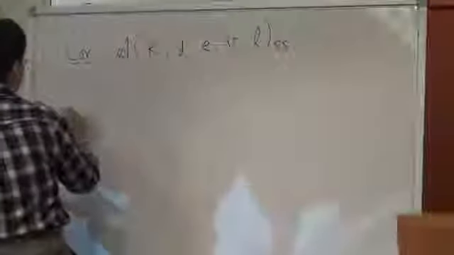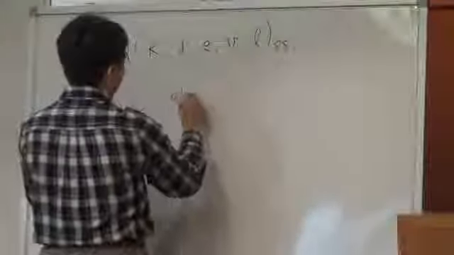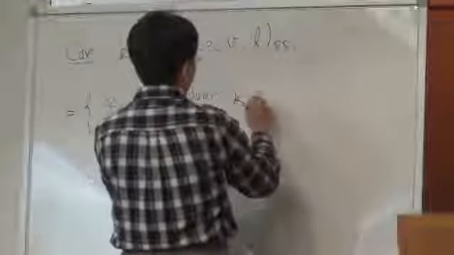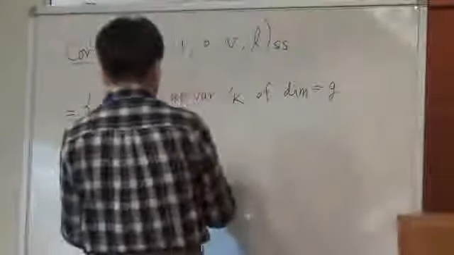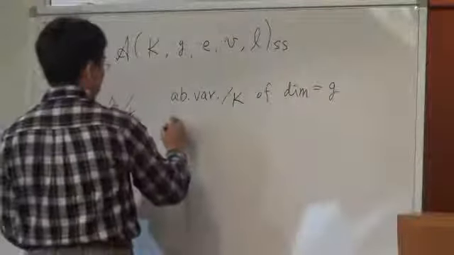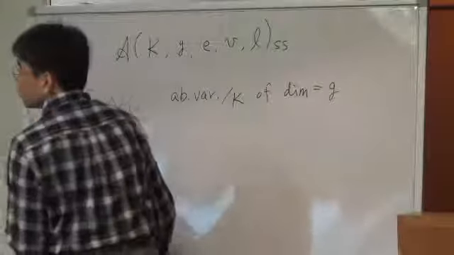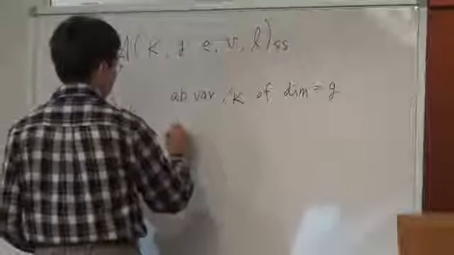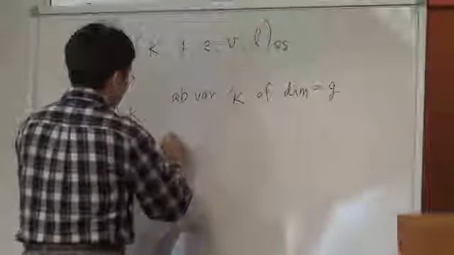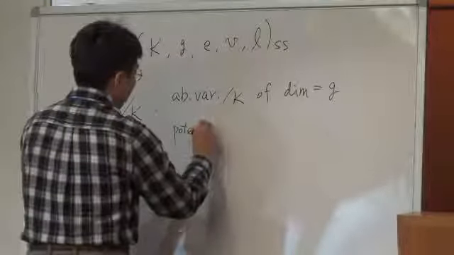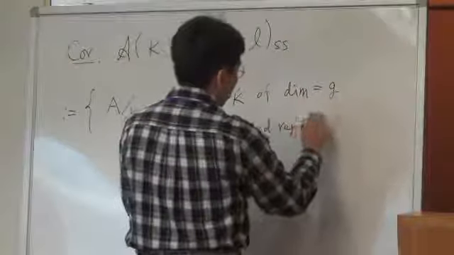Semi-stable abelian varieties over K of dimension g, such that they have potentially good reduction at v.